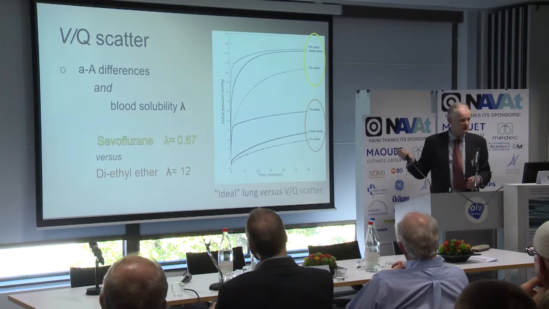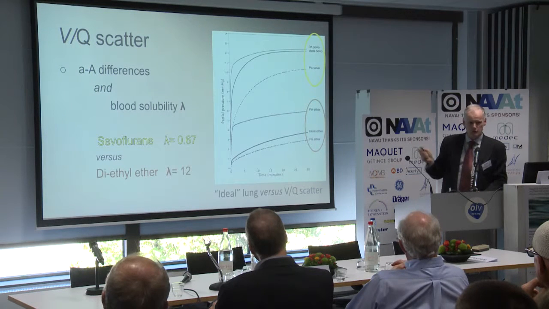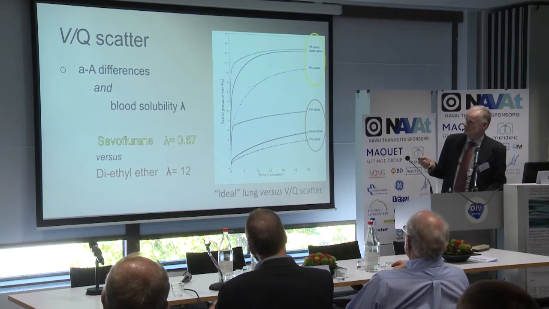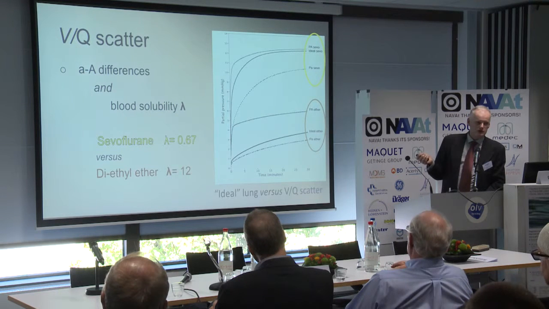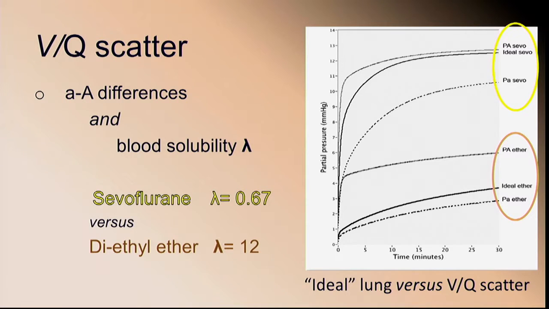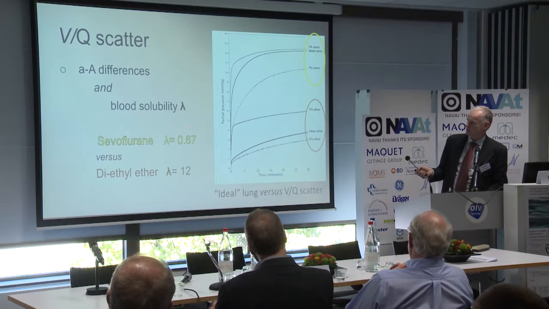Here's a tantalising thing I'll leave with you as a final point. If you measure the effect of VQ scatter on the rate of rise of partial pressure of two gases with very different solubilities, this is what you find. I find this quite tantalising, and it's something I intend to pursue with some clinical study.